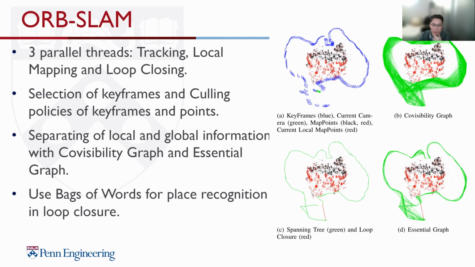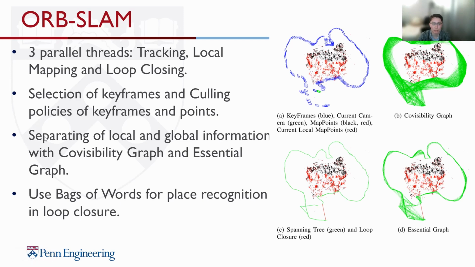However, if we do this, the map will just grow very fast, right? So ORB SLAM has a selection of keyframes and culling policies for keyframes and points. Between some time or some distance, they will select one frame as the keyframe, and the keyframe is stored in the essential graph. The whole idea is if we look at the map globally, we don't see the points between the keyframes, we only see the keyframes.